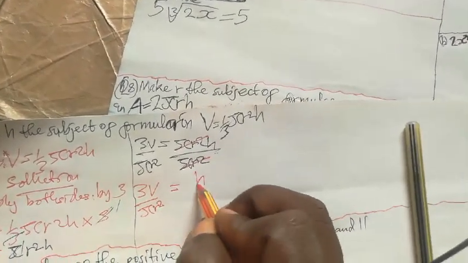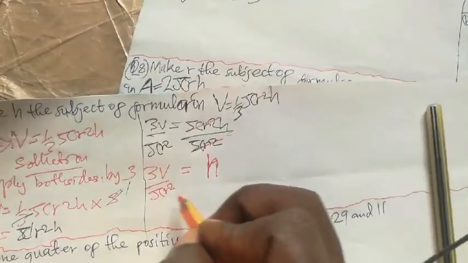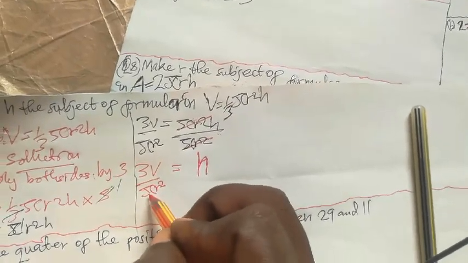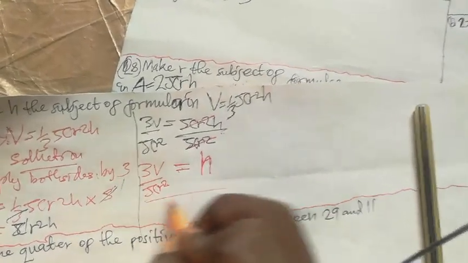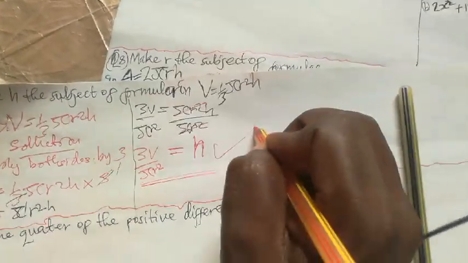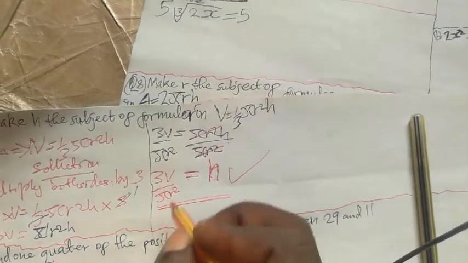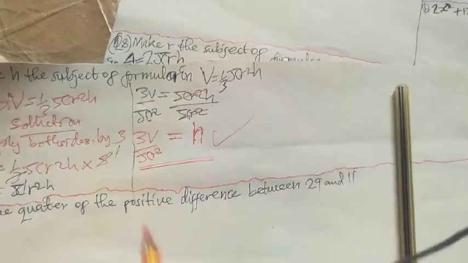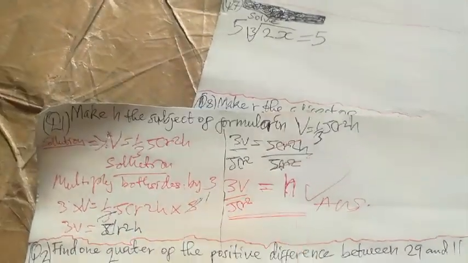Because we have cancelled, h will remain to be 3v over pi r squared. Hence, this is the required answer. Now, h is the subject. This is the required answer for this question.